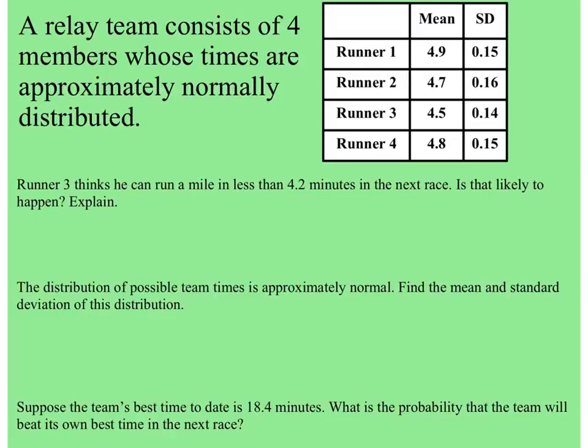So looking at runner 3, he's normally distributed, with a mean of 4.5 and a standard deviation of 0.14, so 4.2 would be here, and of course we just say 4.2 or less. So using that normal CDF on our calculator, we can calculate his probability. It is 0.016, so I would say not very likely that happens.